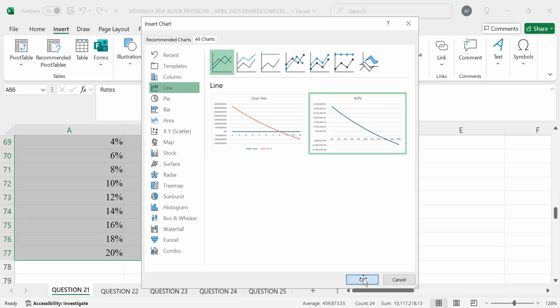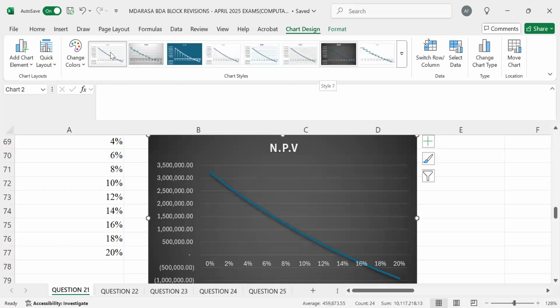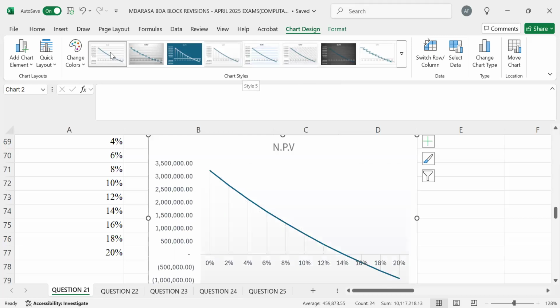So it is upon you to consider your design, one that you'll find suitable in your eyes.